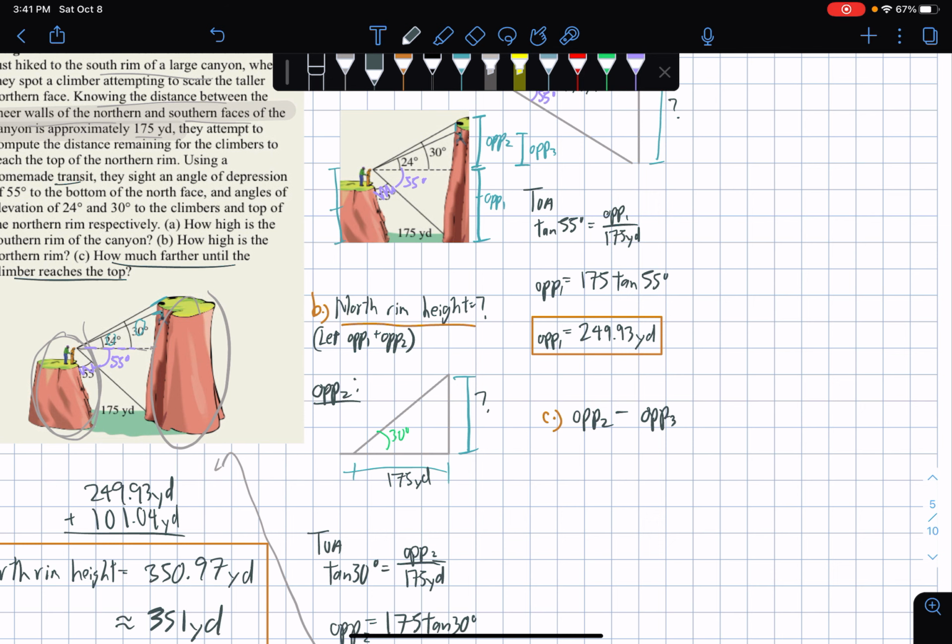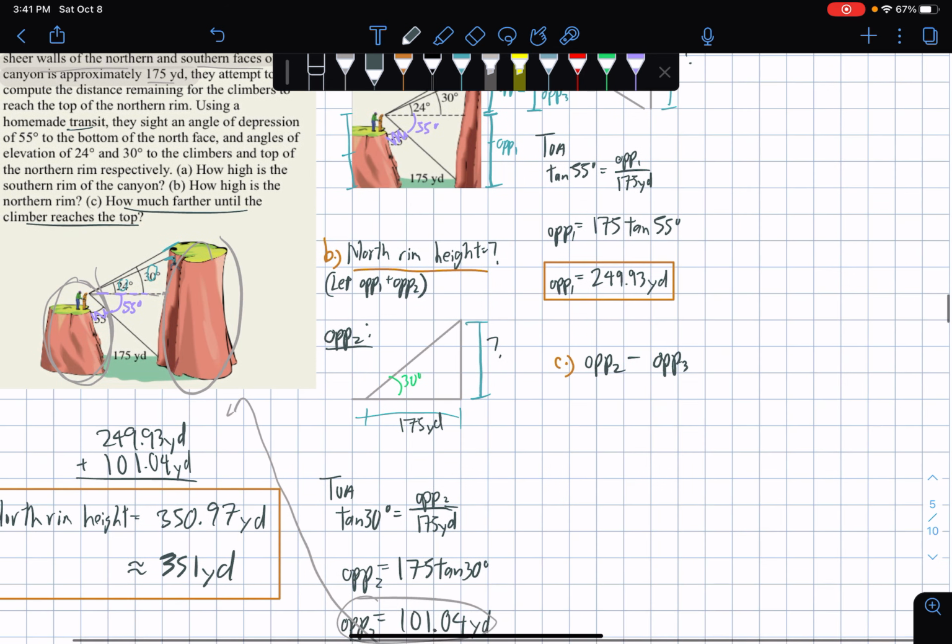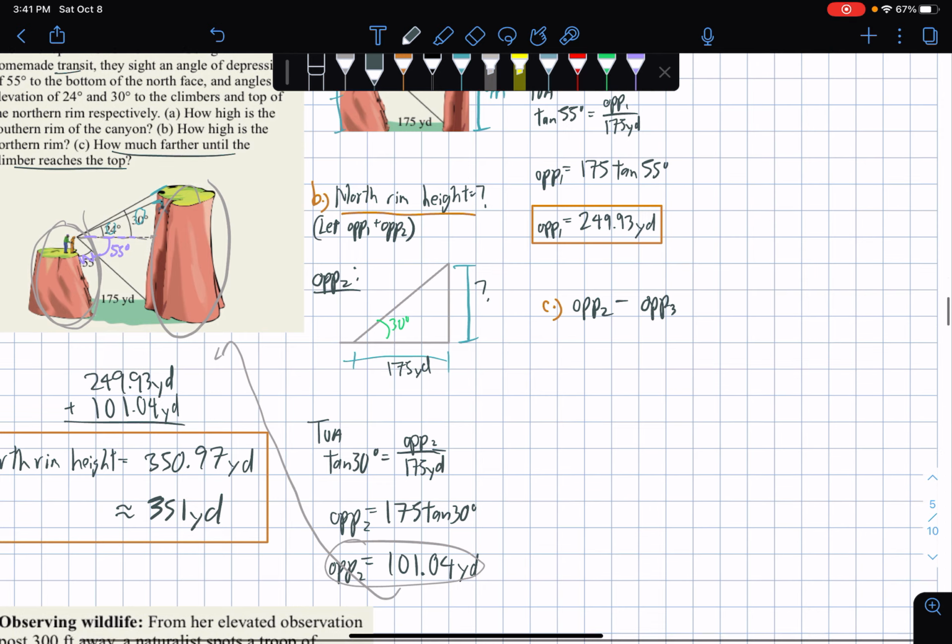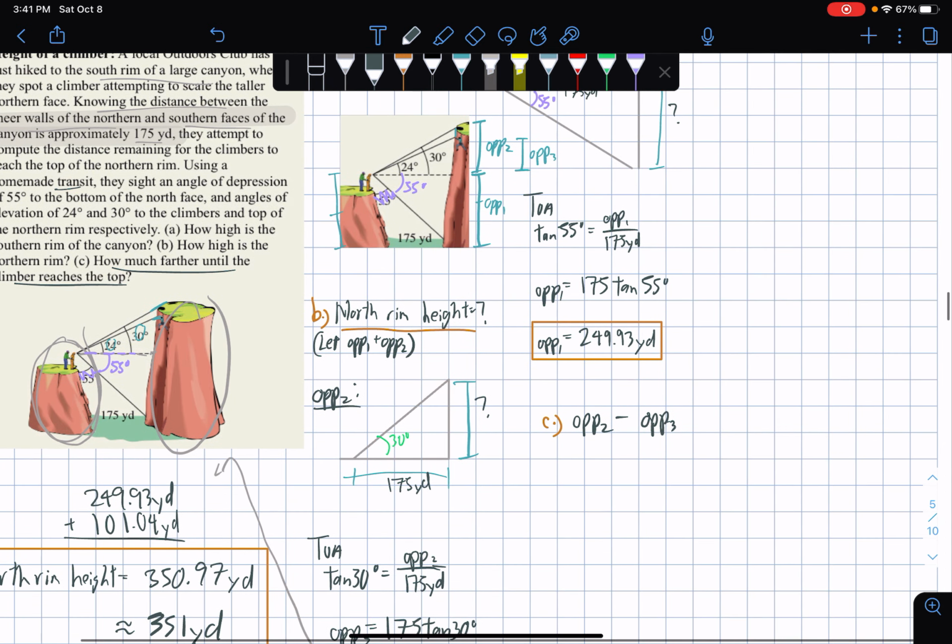Alright. We already know what opposite 2 is, and let's find opposite 3. We have a triangle like this, wherein this is 24 degrees.